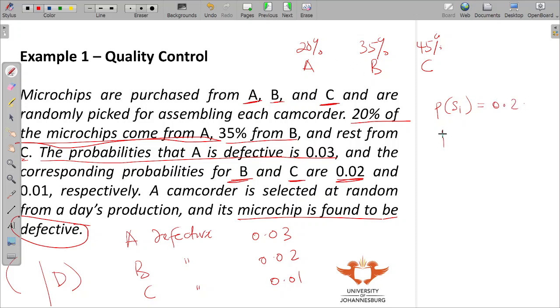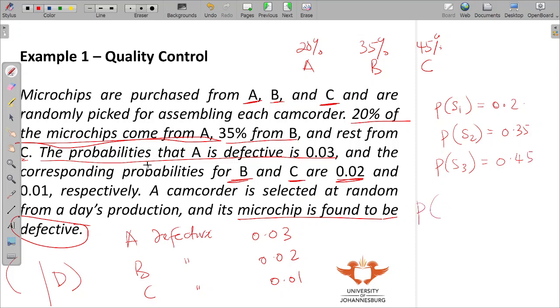The probability that it is from B, which is S2, is 0.35. The probability that it is from C, which is S3, is 0.45.